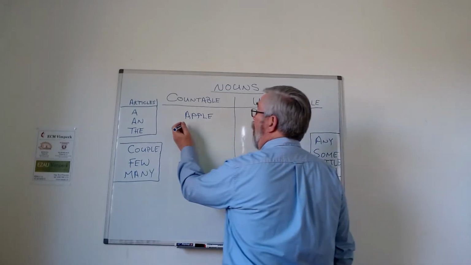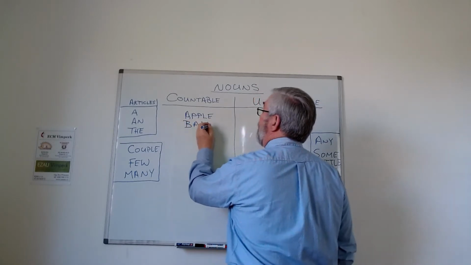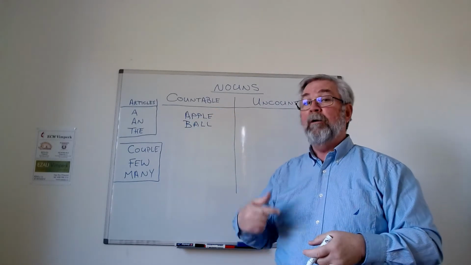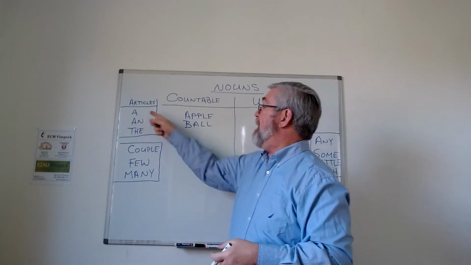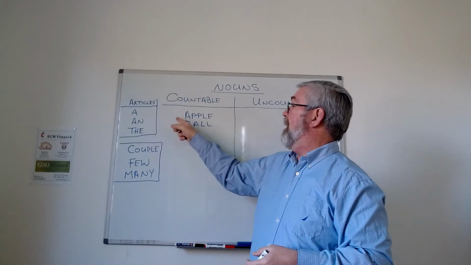If I say ball, ball is countable because you can have 1 ball, 2 balls, 3 balls, 4 balls, a ball, or the ball. You can always say the apple also.